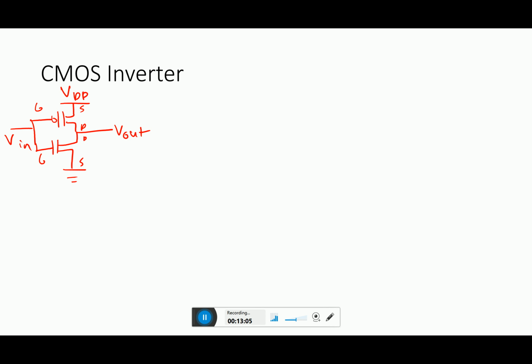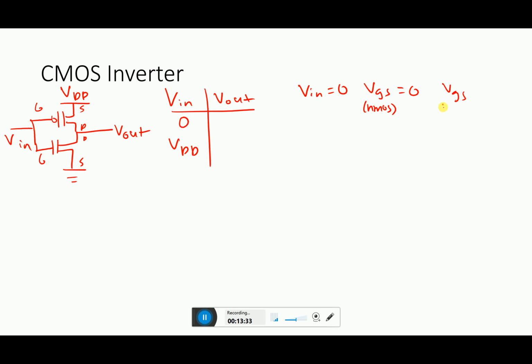So let's analyze this. Because we're talking about digital again, we care about two values for Vin, and we want them to translate precisely to two values of Vout. So we have 0 and VDD. So let's analyze the circuit. If Vin equals 0, that means VGS for the NMOS equals 0, and VGS for the PMOS equals negative VDD.